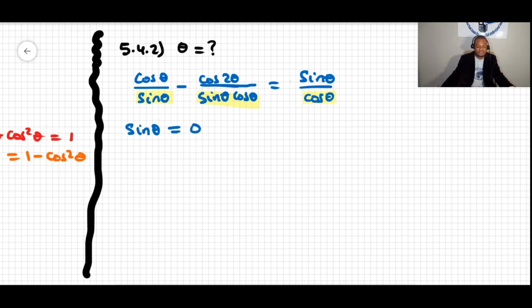Sine theta equals 0 if, the interval was 0 less than theta less than 180 degrees. The condition here is 0 less than theta less than 180 degrees. So we know that sin theta is equal to 0 if theta is 0 or theta is 180 degrees, normally.